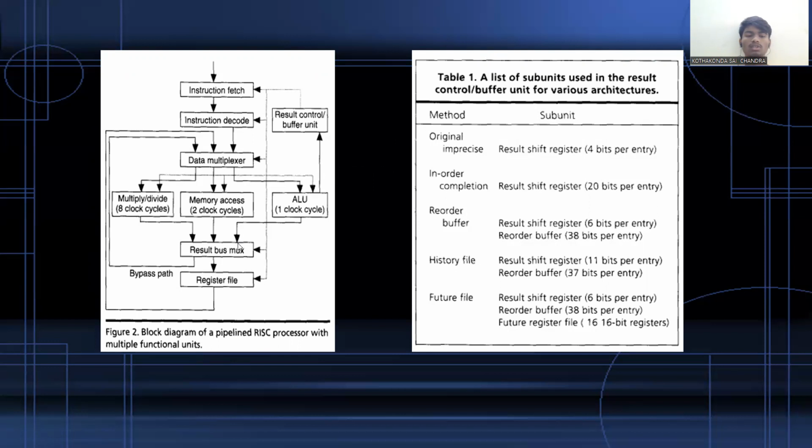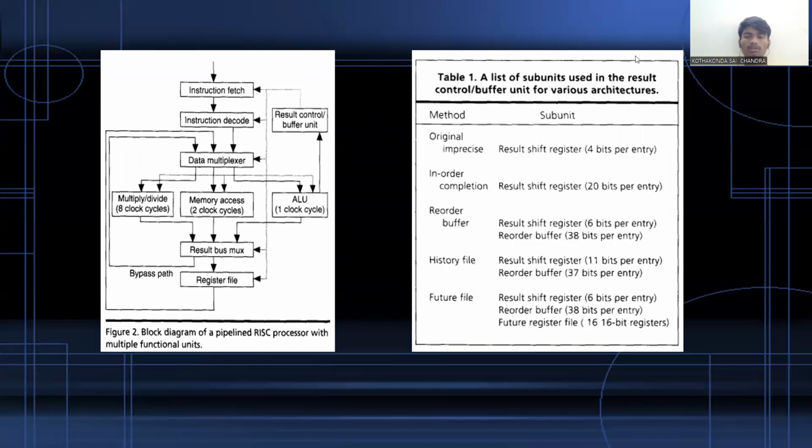All these results go into the result bus multiplexer, and it directly passes into the register file. Next, the bypass path is directed to the data multiplexer again, and the register file is also directed to the data multiplexer.